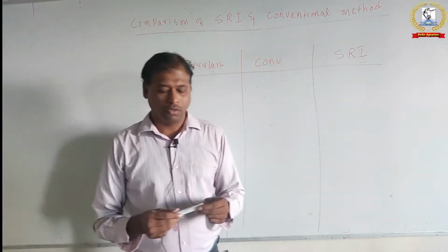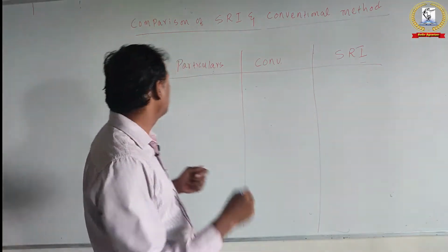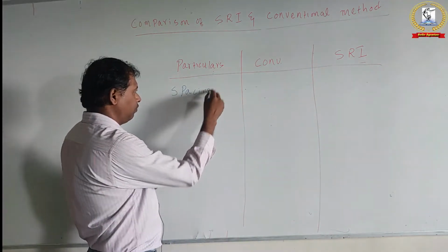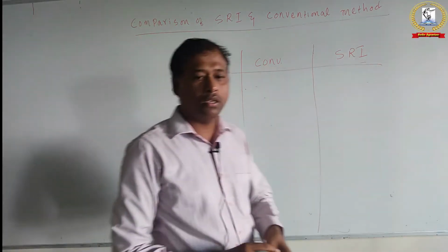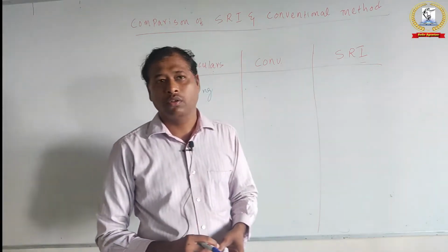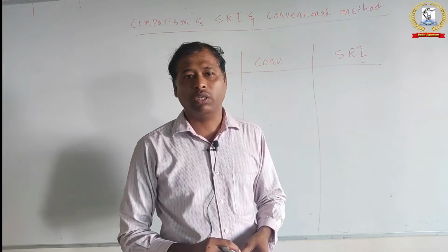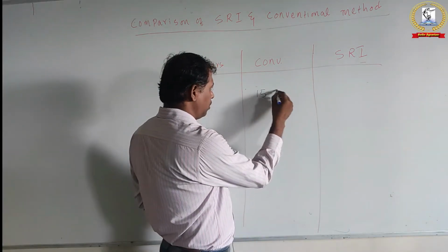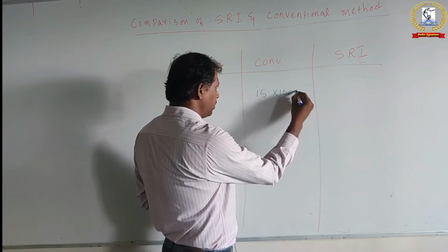First, we will see spacing. The first character is spacing. In the conventional method, we are adopting the rectangular method, that is, spacing is 15 × 10 centimeter.